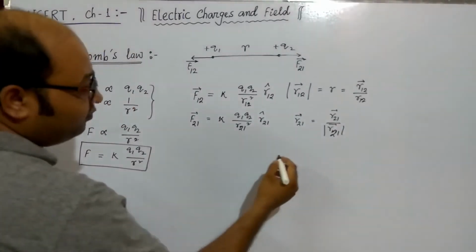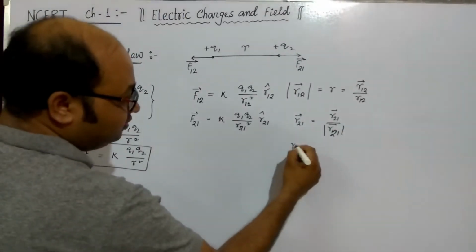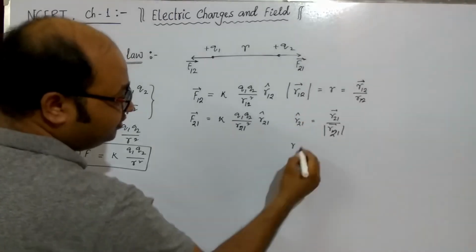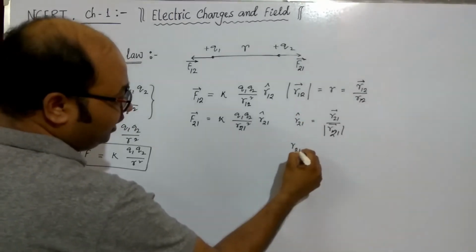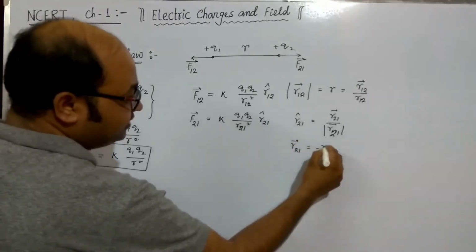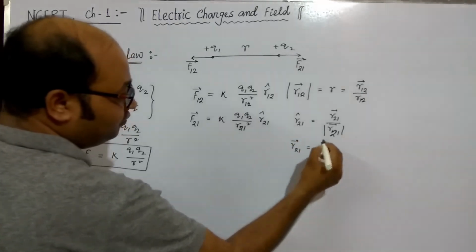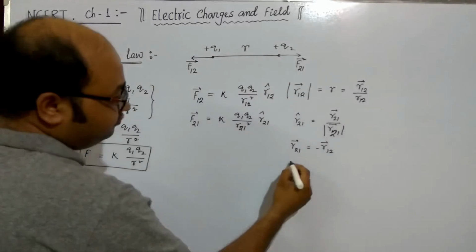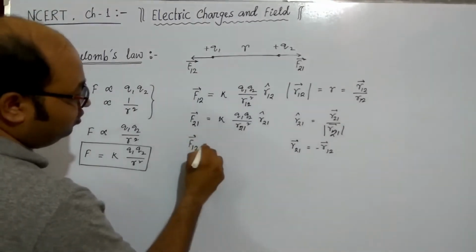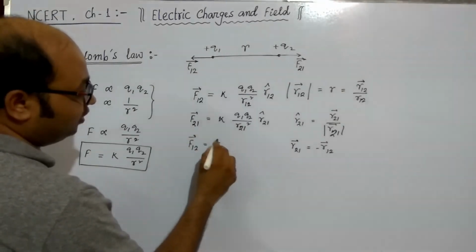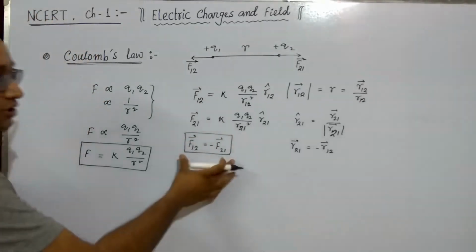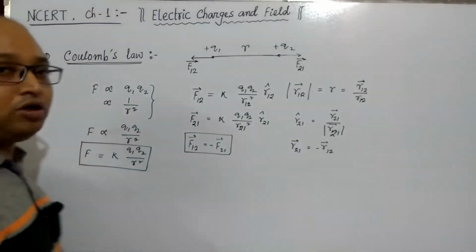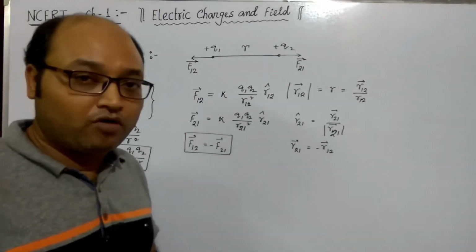Now we know from vector algebra that R21 is equal to minus R12. Therefore, F12 is equal to minus F21. From this equation, we can say that Coulomb's law satisfies Newton's third law of motion.